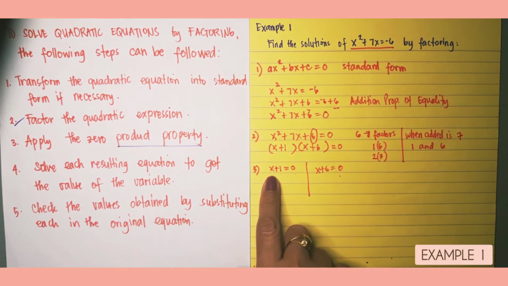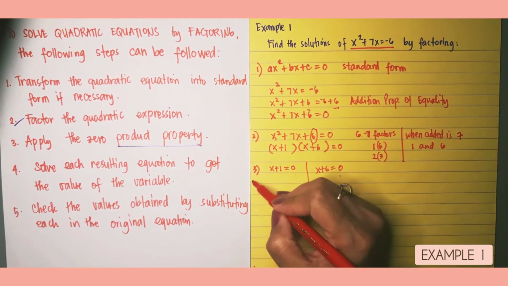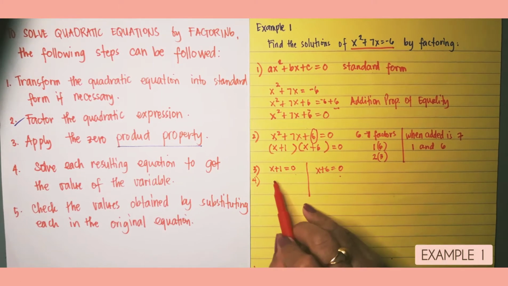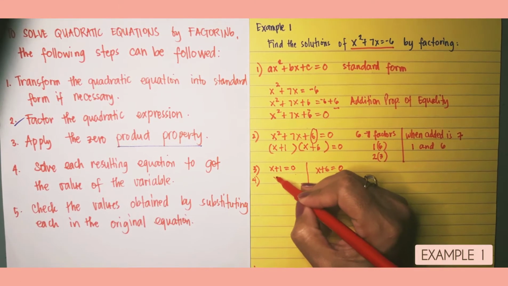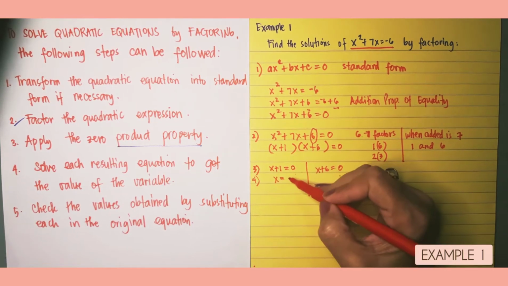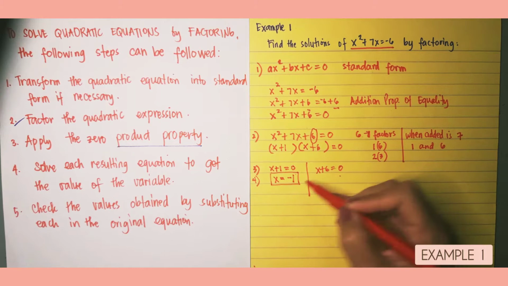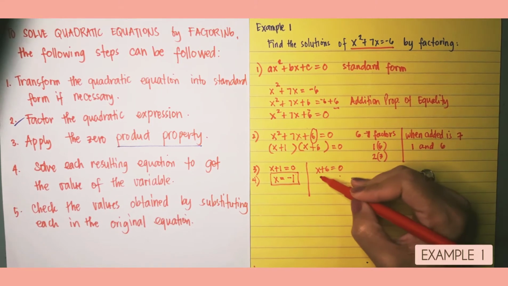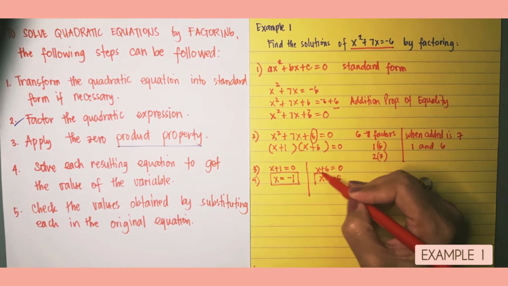And the variable we use is x. So we need to continue solving. So x plus 1 equals 0. Our first value of x is equal to negative 1. And on this side, we have x is equal to negative 6.